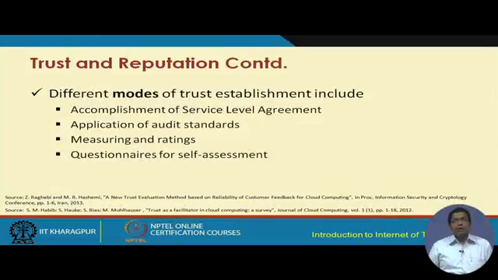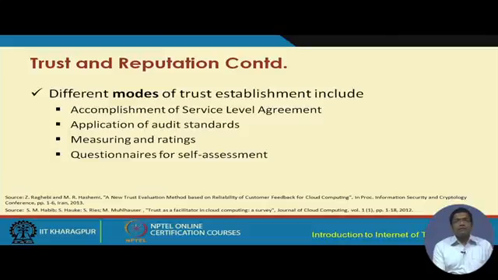There are different modes of trust establishment. These include accomplishment of service level agreement, whatever service level agreement exists, then application of the audit standards that are out there, whether they have been adequately applied or not, measuring and rating, and questionnaire for self assessment.